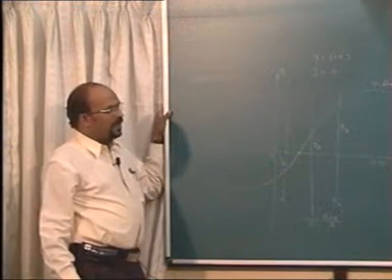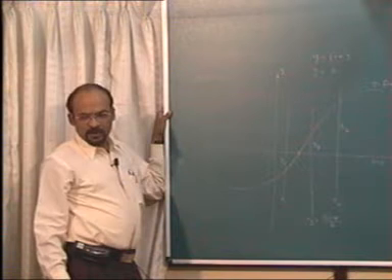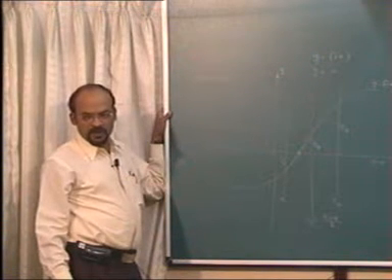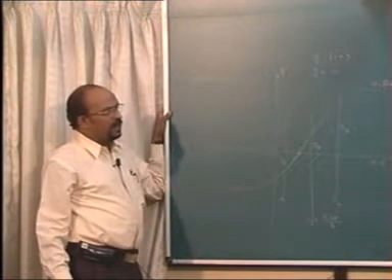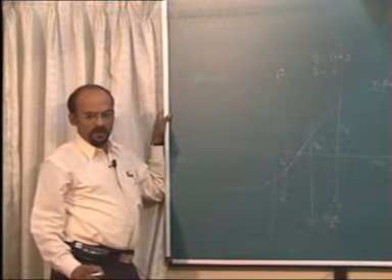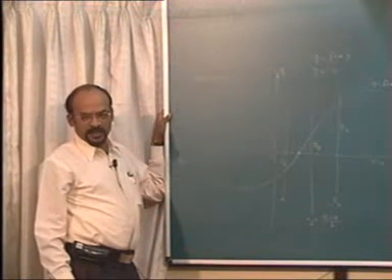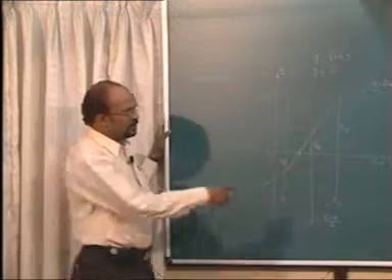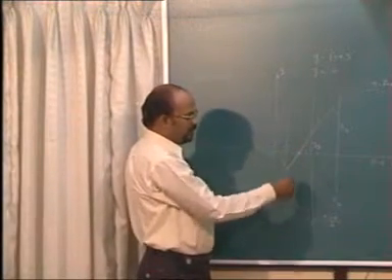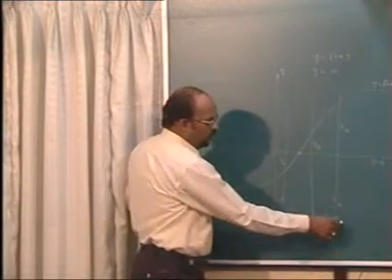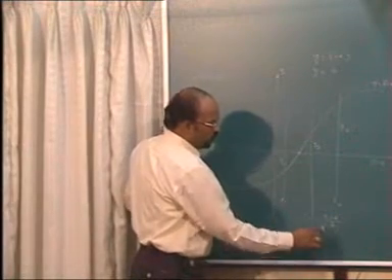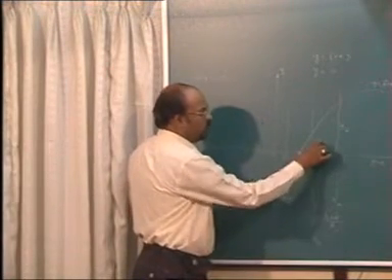If y1 and y3 have opposite signs, then the root will be between x1 and x3. If y3 and y2 have opposite signs, the root will be between x3 and x2. So in this case, it will be between x1 and x3. And so we just rename it as x2. So this will become y2.